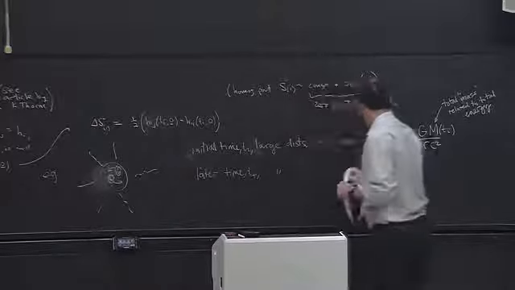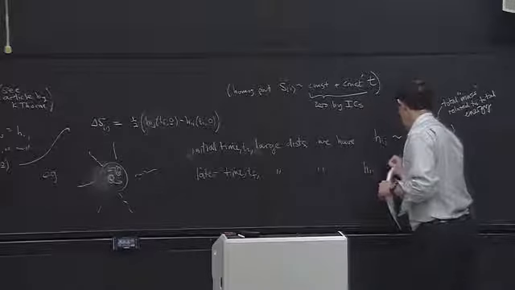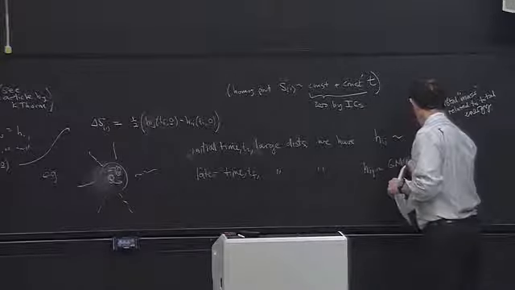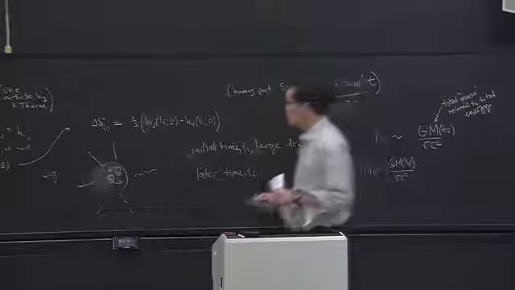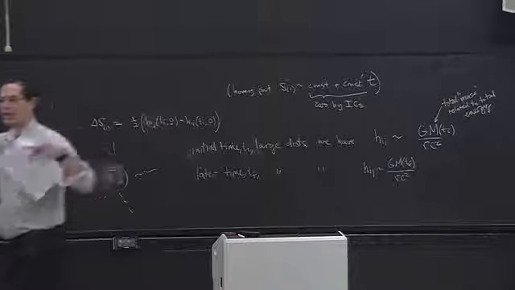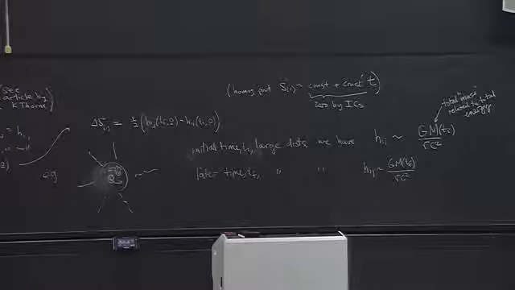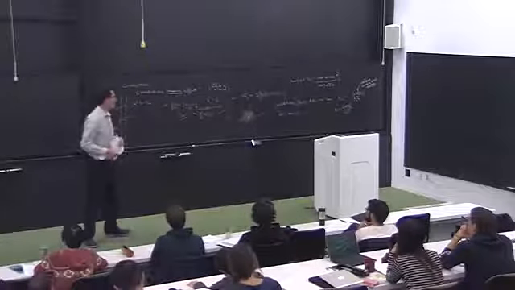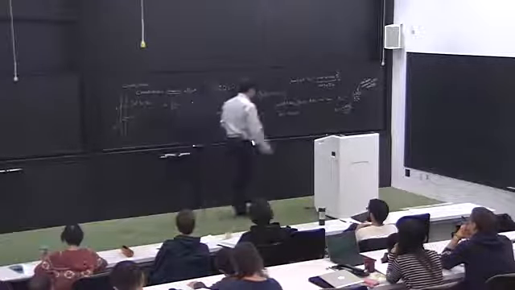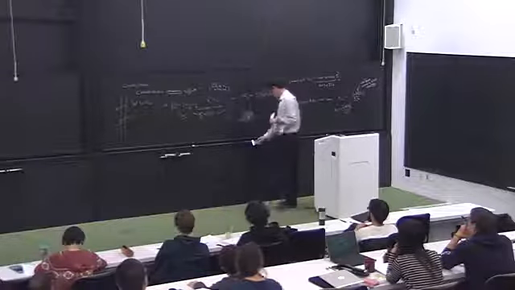At large distances, H_ij goes like G M of T f over R c squared. And what we argued is that these gravitational waves carry away energy. That was this funny argument where you take the nonlinear term in the Einstein tensor and put it on the right-hand side of the Einstein equations. And that's the energy in the gravitational waves.